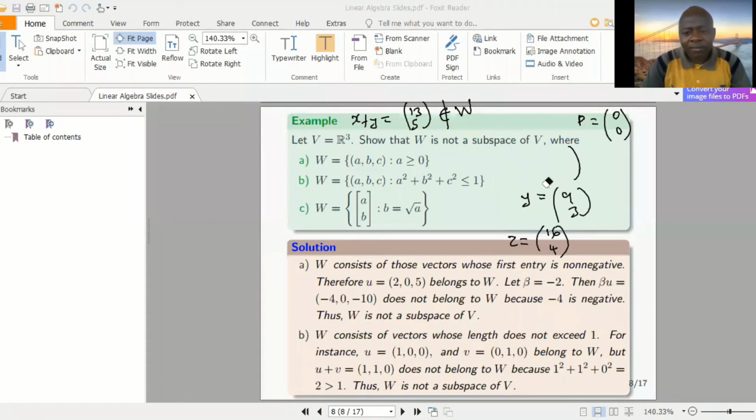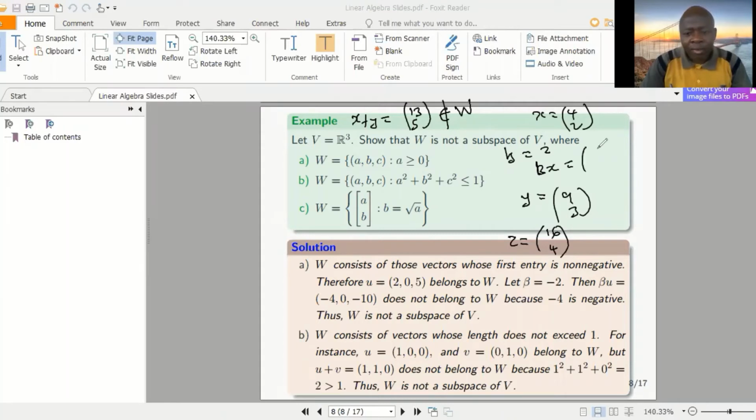What about scalar multiplication? I want to check whether it will fulfill the closure under scalar multiplication of vectors. I'll use the vector 4, 2, and let me choose the scalar beta, which is 2. What is beta x?